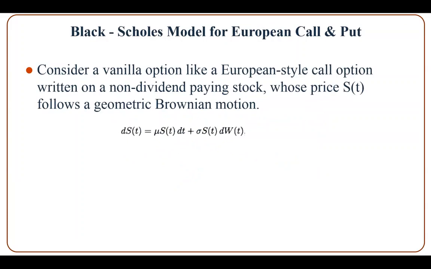Now we talk about the Black-Scholes model for a European call option. Consider a vanilla option like a European style call option written on a non-dividend paying stock, whose price ST follows a geometric Brownian motion.